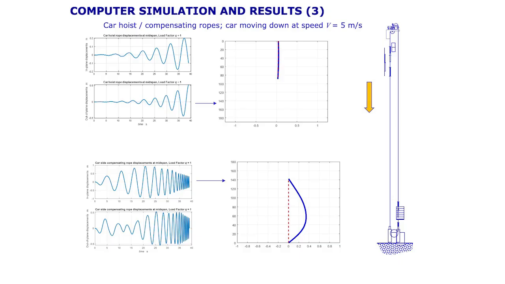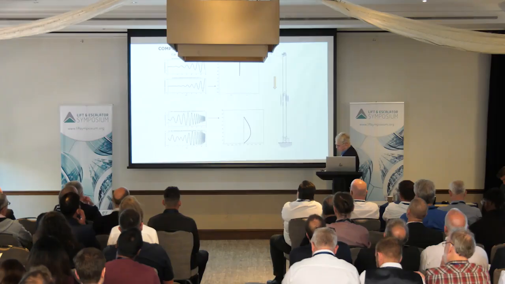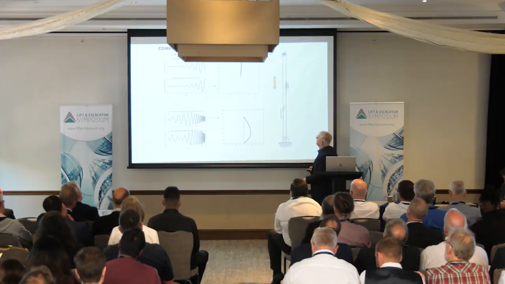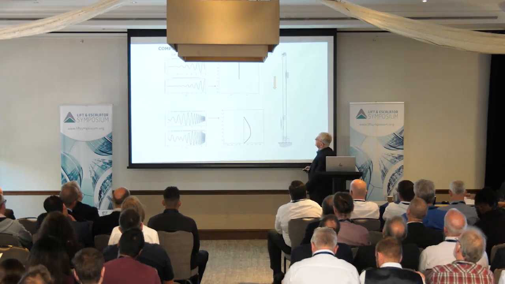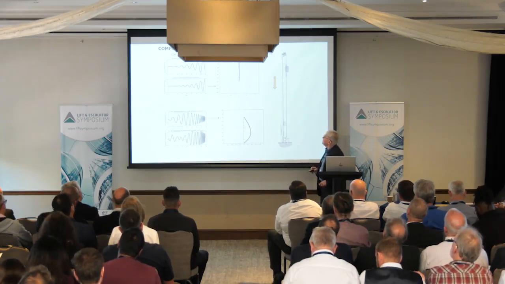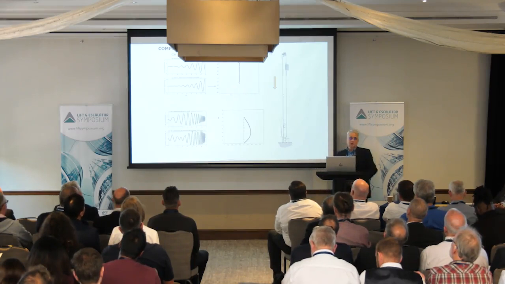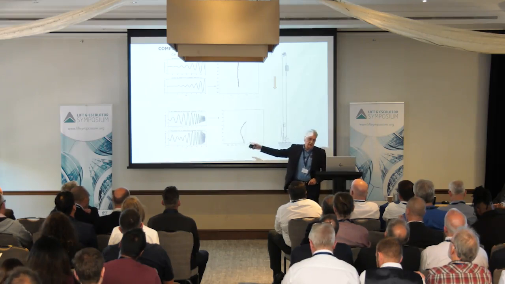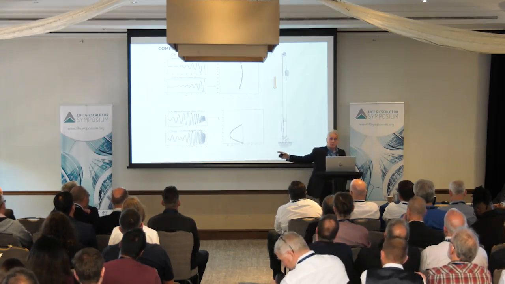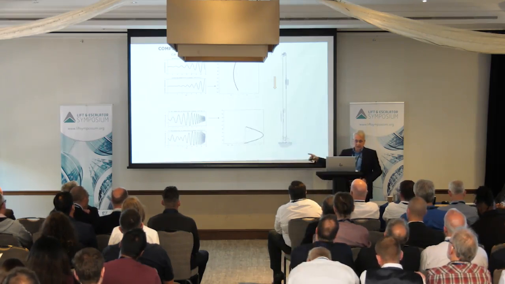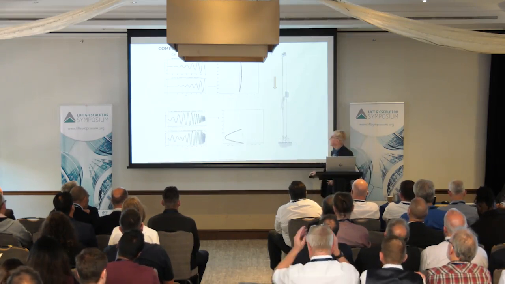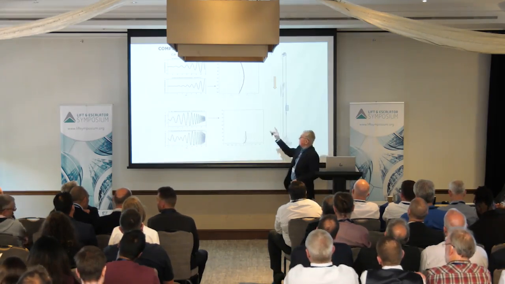Okay, so here are some results of simulation. The car is moving down, counterweight is moving up, and the top animation shows the motion of the hoist rope at the car side. The bottom animation shows the motion of the ropes at the compensating side of the car. Okay, they move.